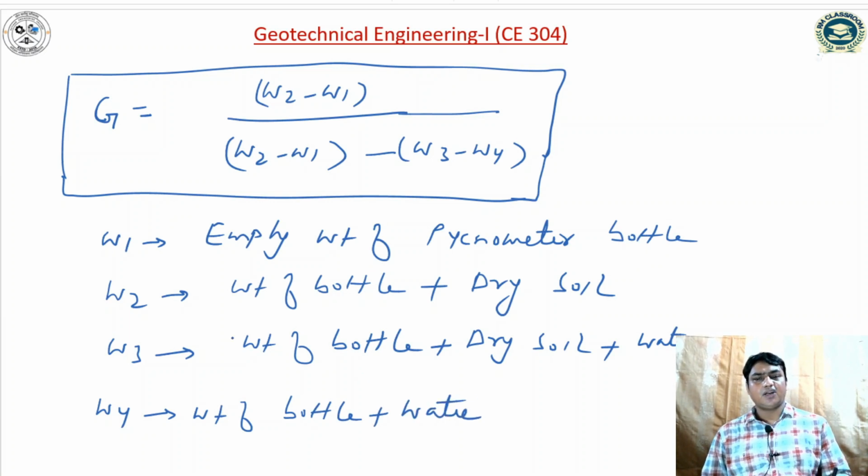So with the help of that, you can compute the value of specific gravity of solid, and the expression is W2 minus W1 divided by W2 minus W1 minus W3 minus W4.